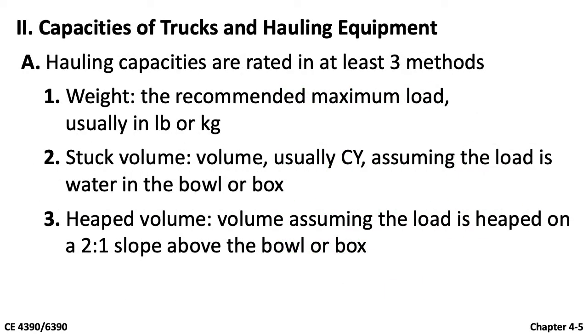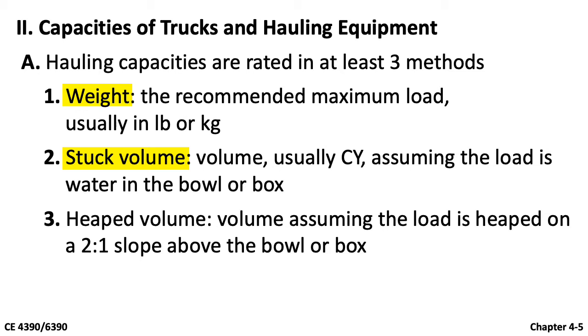Section 2, capacities of trucks and hauling equipment. Hauling capacities are rated in at least 3 methods. Number 1, weight. Using this method, the recommended maximum load, usually in pounds or kilograms, will be given. Number 2, struck volume. This method measures the volume, usually in cubic yards.